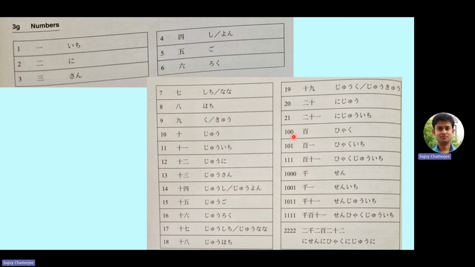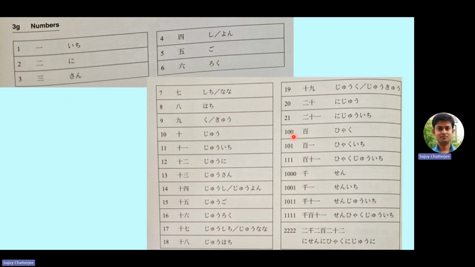What that means is, after writing from 1 to 9, 9 different symbols, when it comes to 10, we will not write the numeral for 1 followed by the numeral for 0. Because again, as I said, the numeral 0 doesn't exist. So for 10, there will be a new symbol. 10 will not be written as 1 and 0, but it will be an independent symbol for 10.